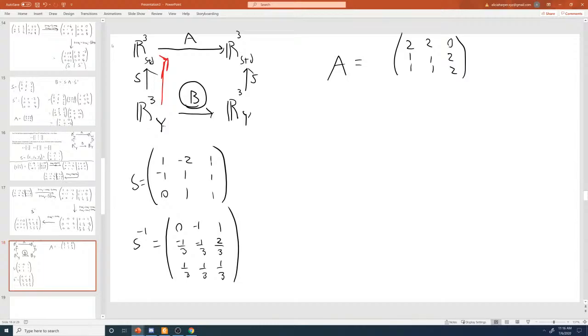And now that I've changed basis to the standard basis, I can go over by A. And then I can go down along S inverse. And so this would tell me that B here is the same thing as S inverse times A times S.